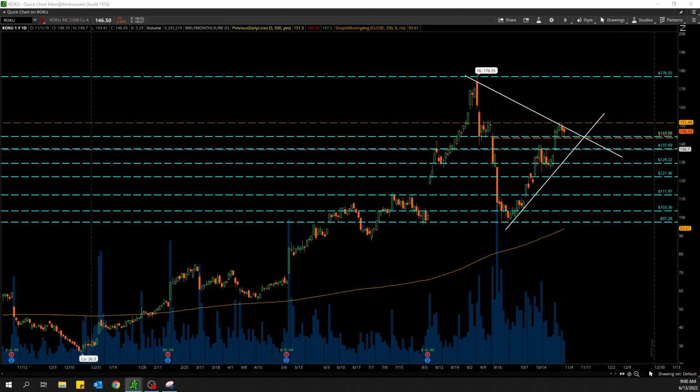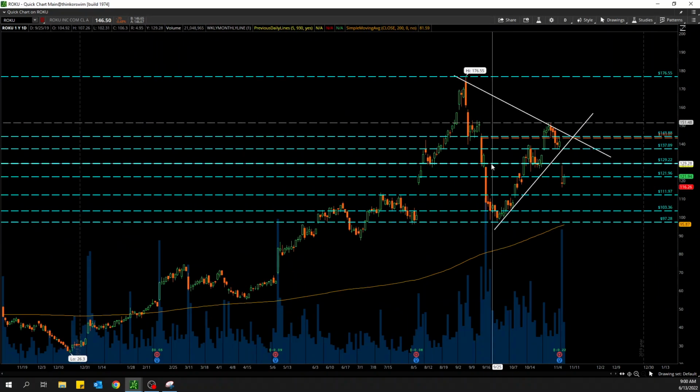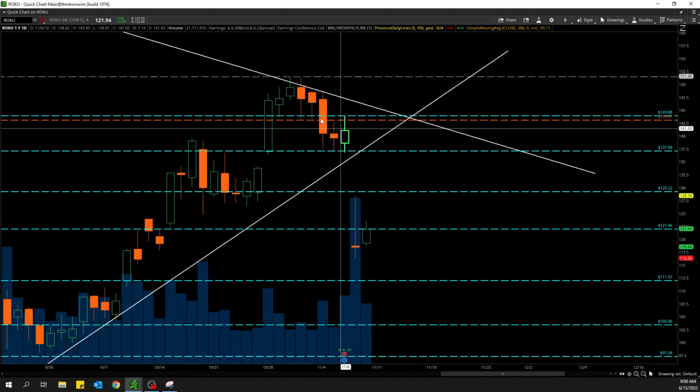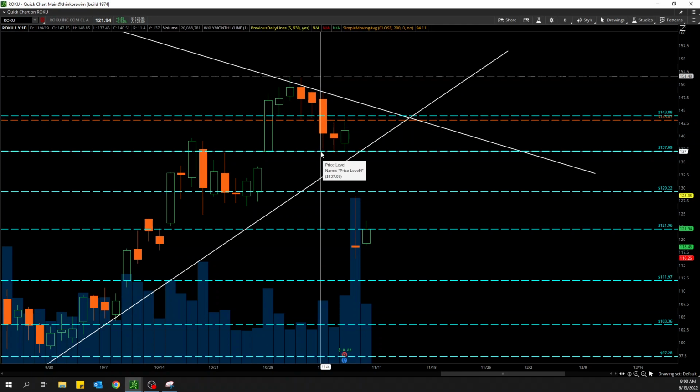Let's go another week. November 8th is the end of this week. And again, guys, it broke past down support, made a resistance, came back to the next support. Now it's trying to protect 137.